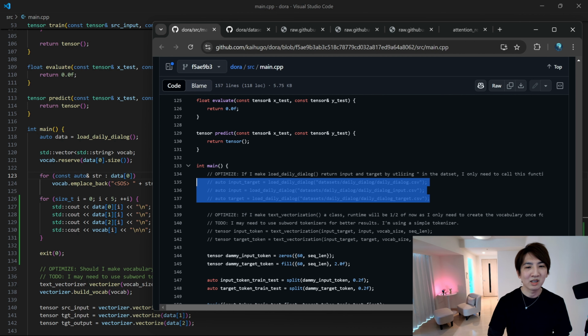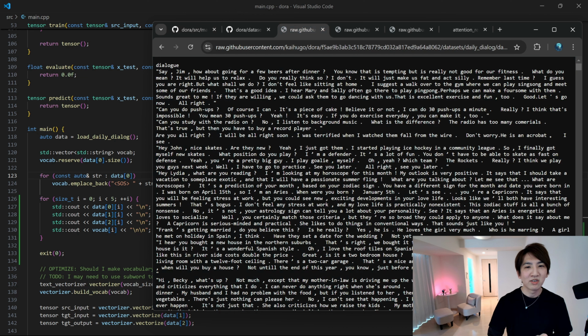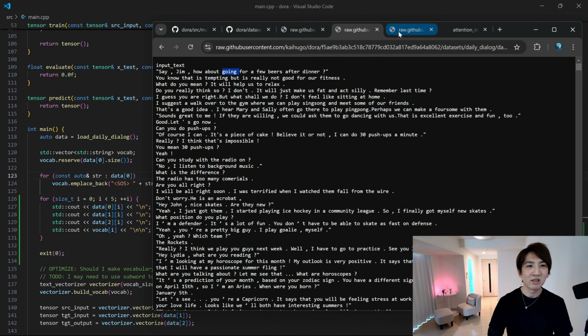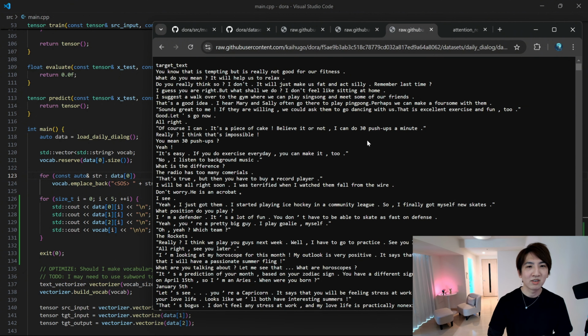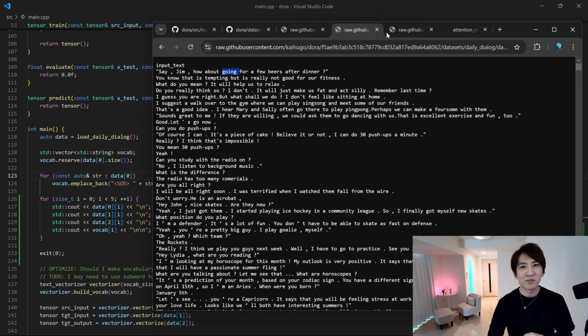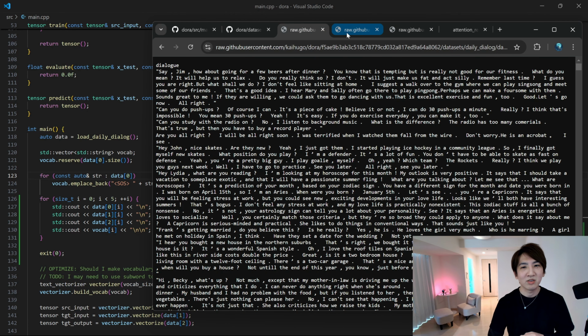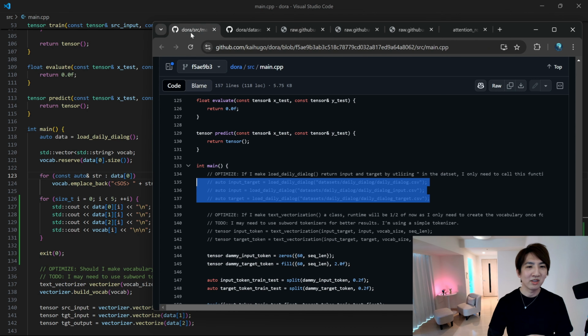And why didn't I do this earlier? The dataset looks like this, and I needed to separate it into inputs and targets, which look like these. I used these 3 datasets. That's why I needed to call this many times.